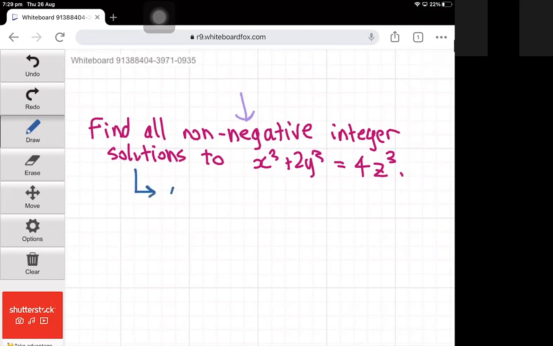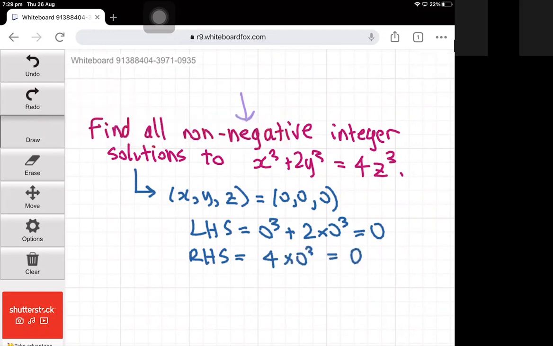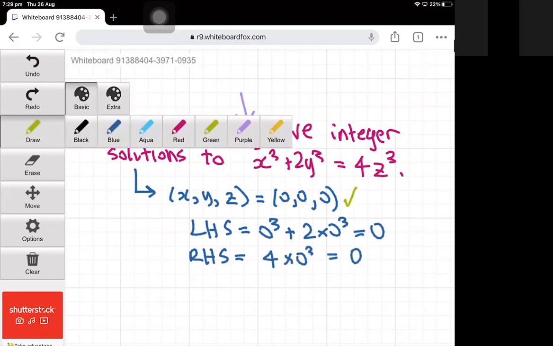The obvious solution is if x, y, and z are all equal to 0, because the left-hand side will equal 0 cubed plus 2 times 0 cubed, which is 0. The right-hand side will equal 4 times 0 cubed, which equals 0. So x, y, z equals 0, 0, 0 is a valid solution.